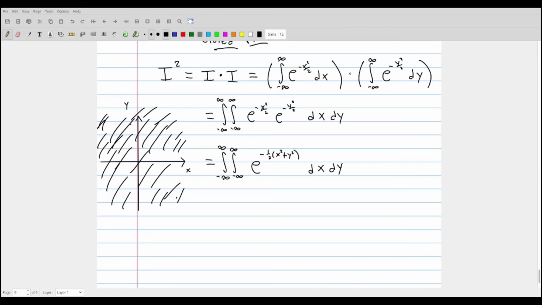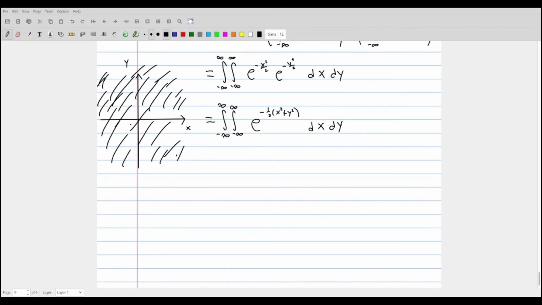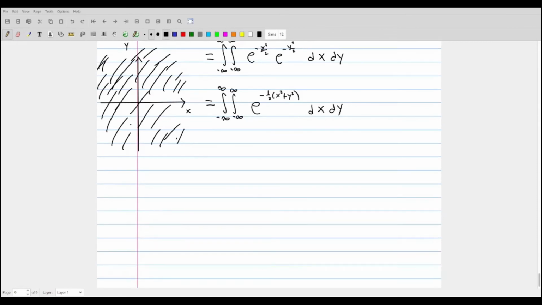So this is an integral that looks very, very nice. Hopefully, if you look at it, you think about what this is going to look like in polar coordinates. It's a double integral that hopefully will be a little bit nicer in polar coordinates because it has a lot of radial symmetry. There's no dependence on theta here at all.